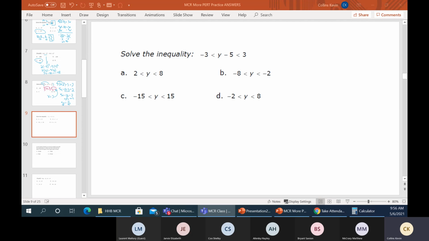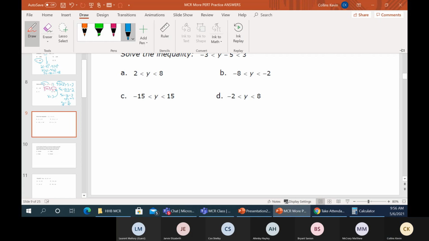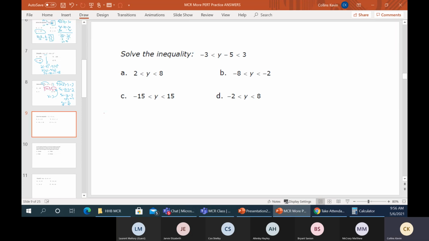So again, they give you stuff like this to kind of throw you off. Okay. And you just have to apply it to situations that you're already familiar with. So if I had, we're a little more used to equations and inequalities. So let's do this for right now. If I had y minus 5 equals 3, what would you do?